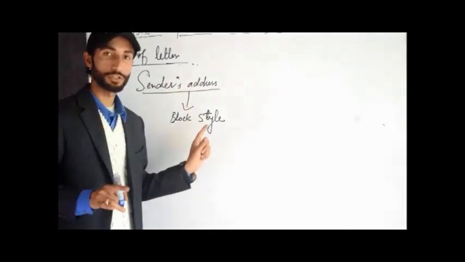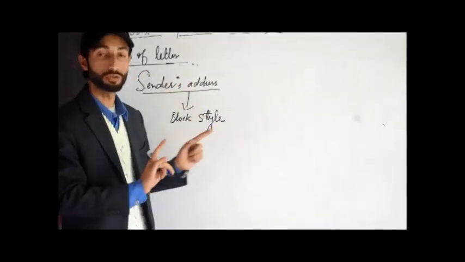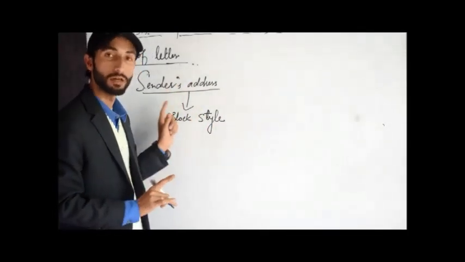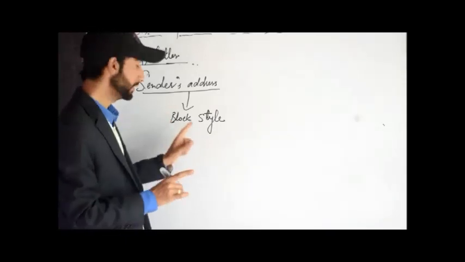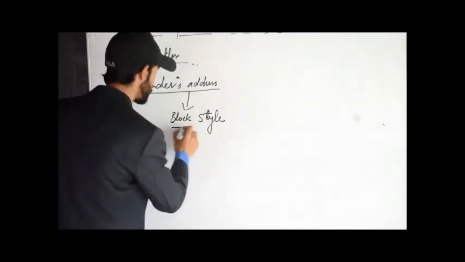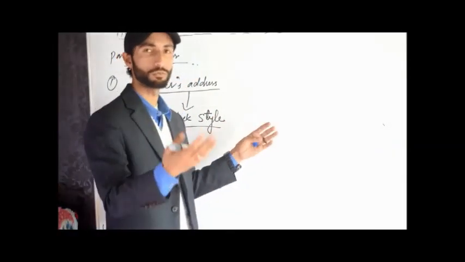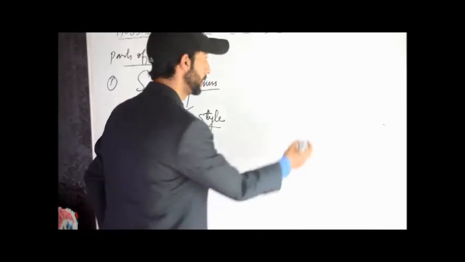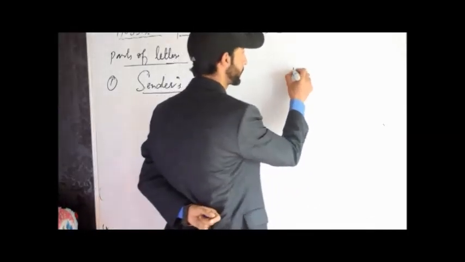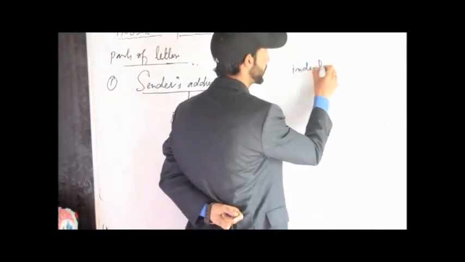The latest format for formal letters is block style. There's no other option now. But if you talk about informal, we can write in any format, or any style. For example, we have one that is the indented letter.